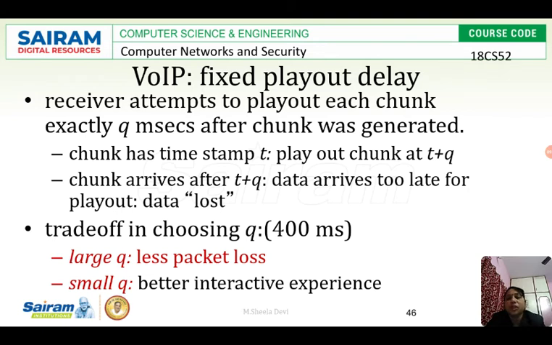If it arrives within the time, the receiver will accept the data. Otherwise, it will not be accepted by the receiver or the client. So as long as you are increasing the q value, the client will not discard any data, so there will be less packet loss.